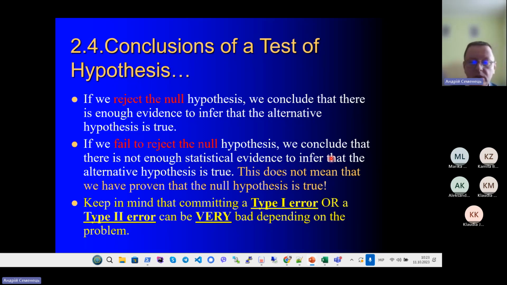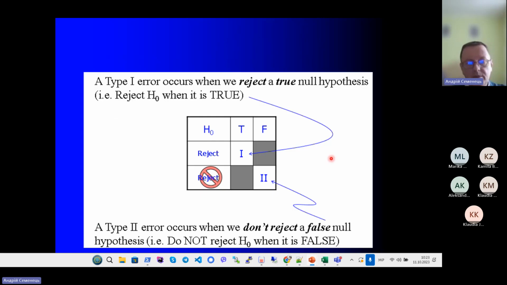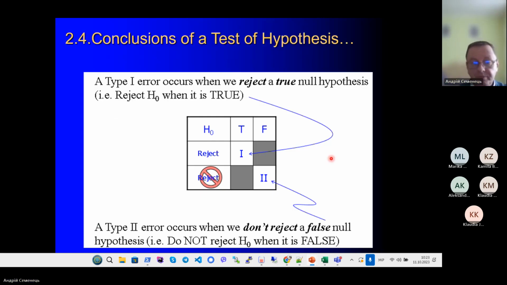But also, there is no evidence that the null is true. That's what I told you, here we have our problem. And here we can fall into a type 1 or type 2 error: type 1 when we reject a true null hypothesis, and type 2 when we don't reject a false null hypothesis.